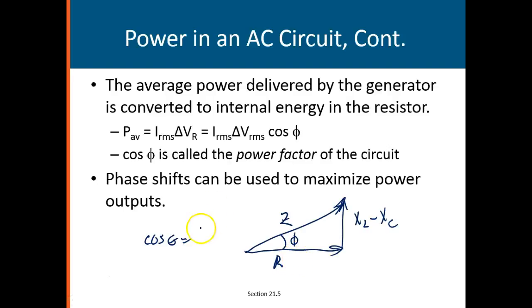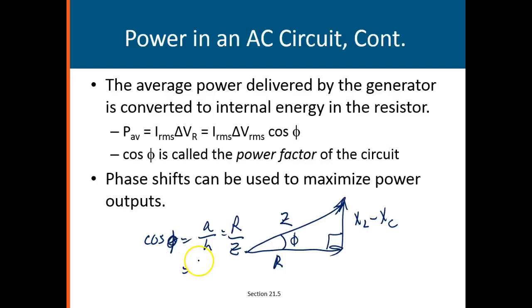Back from your trig class, cosine is the adjacent side over the hypotenuse. What is your adjacent side here? R. And the hypotenuse is Z.